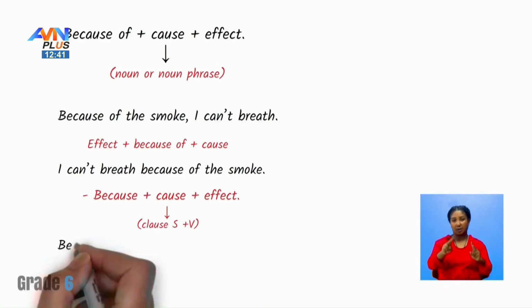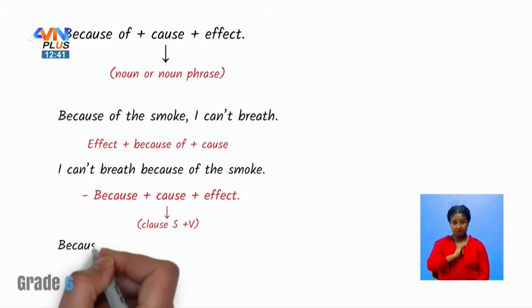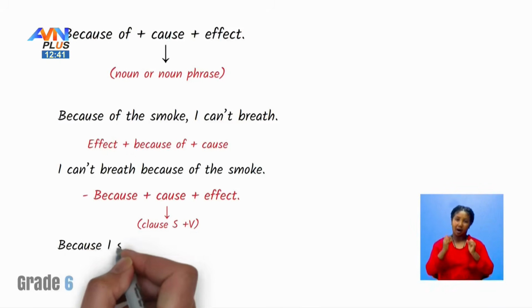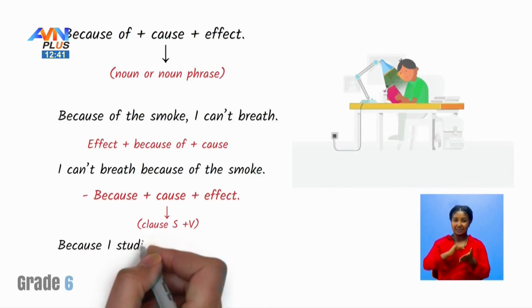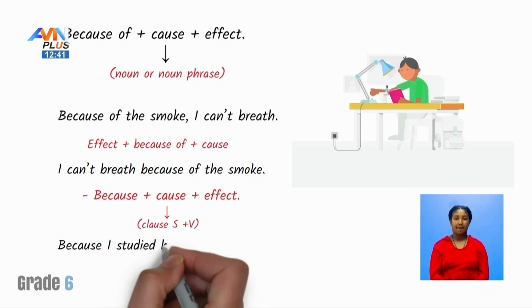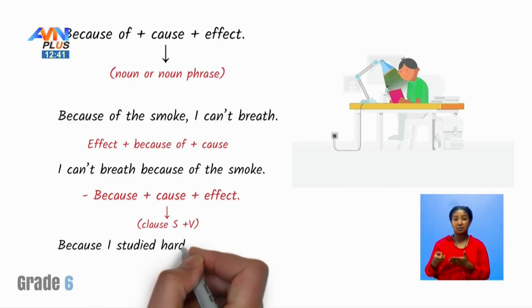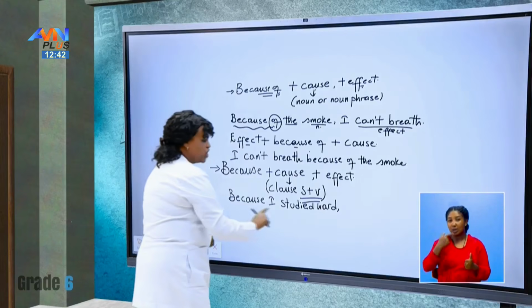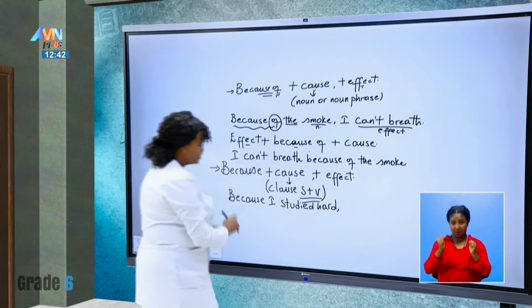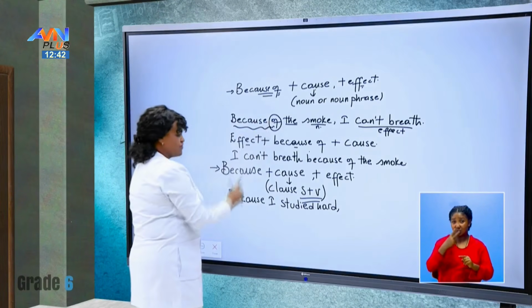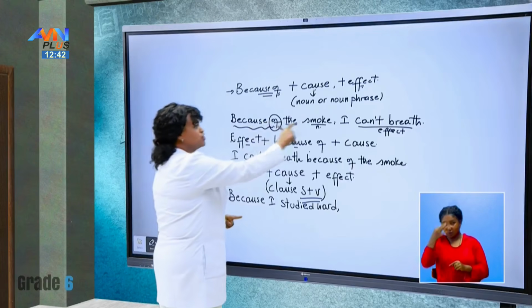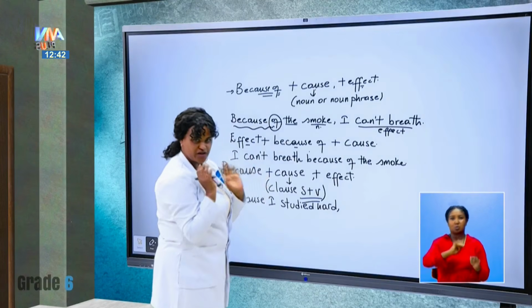Okay, because I studied hard, this is what? This is a cause. How do I say? Because I studied hard. Do you see the difference between "because of" and "because"? Because of the smoke, simply noun and noun phrase. Yeah?